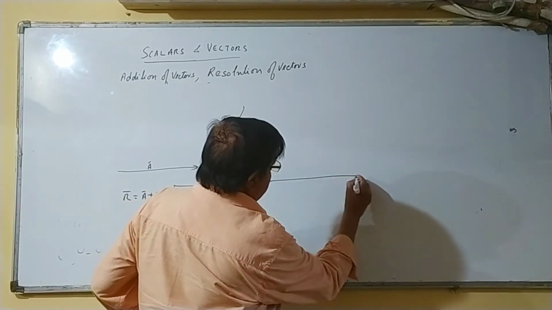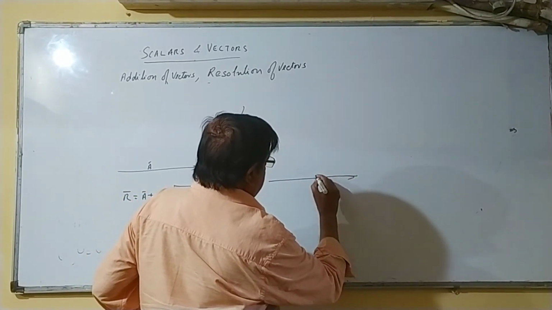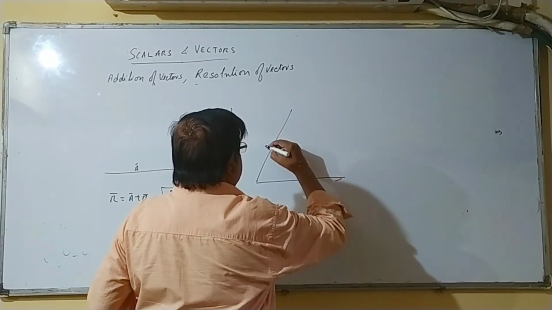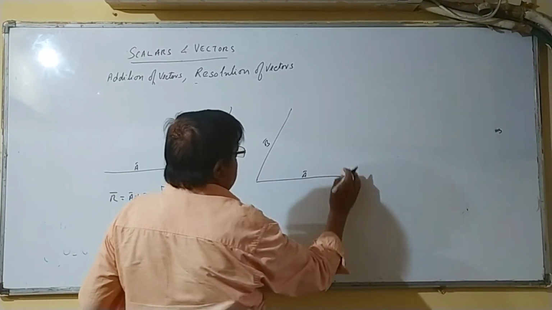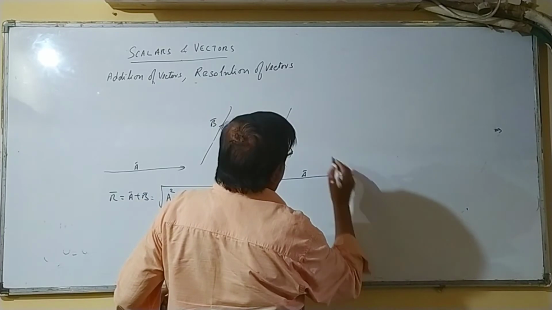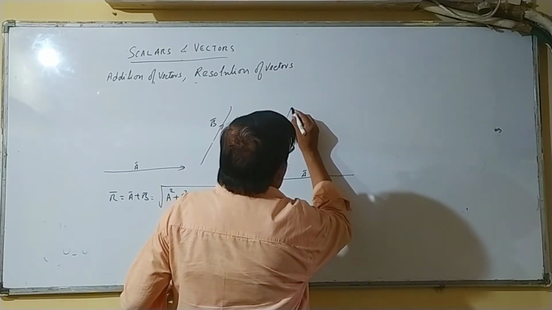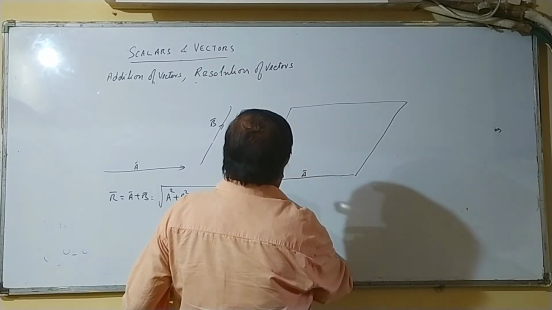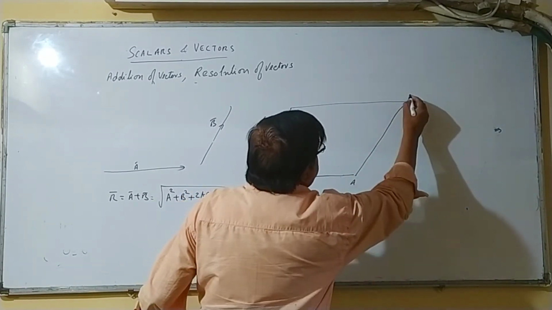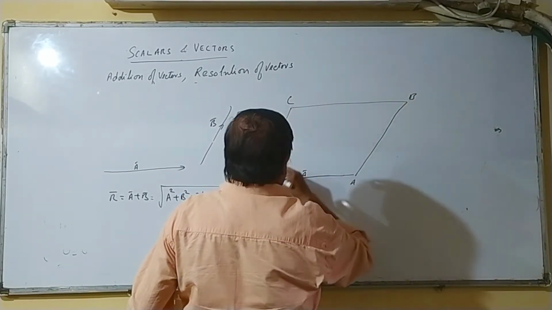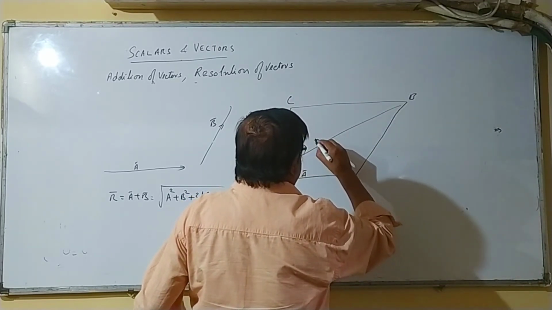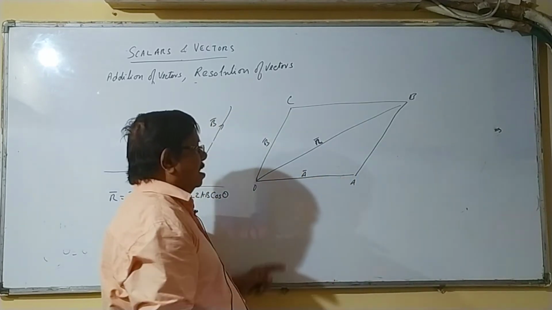Vector A, then vector B. The parallelogram is constructed, O, A, B, C. This is the resultant R in direction and magnitude.